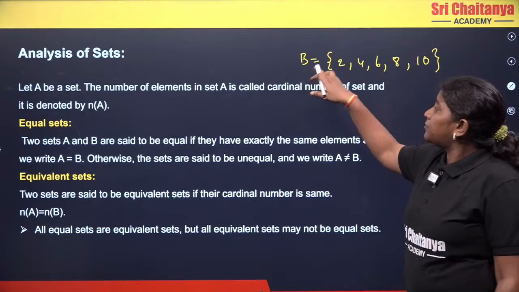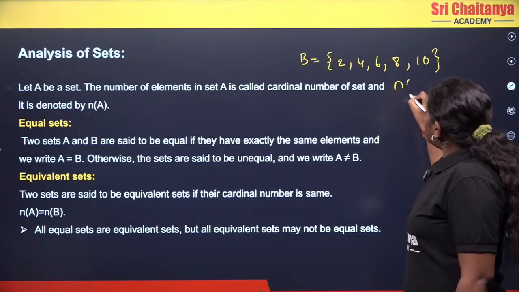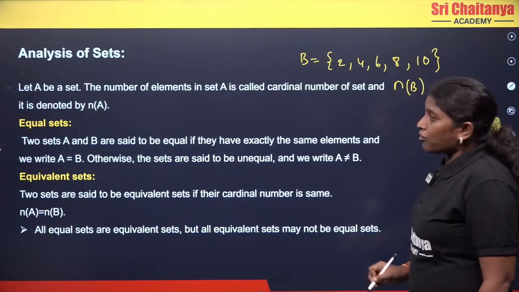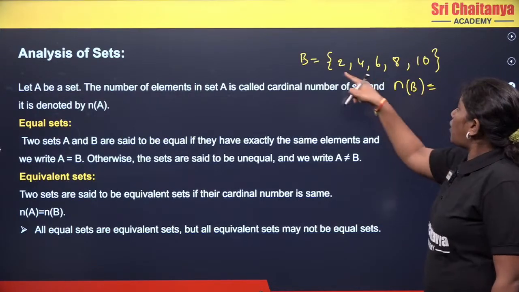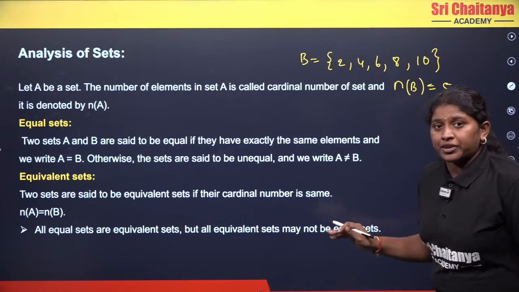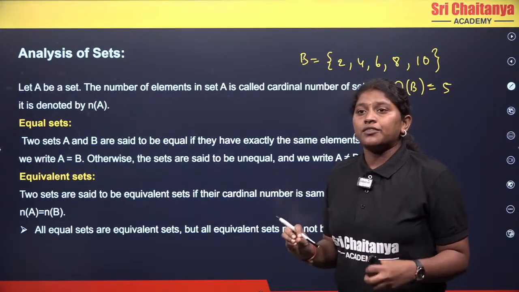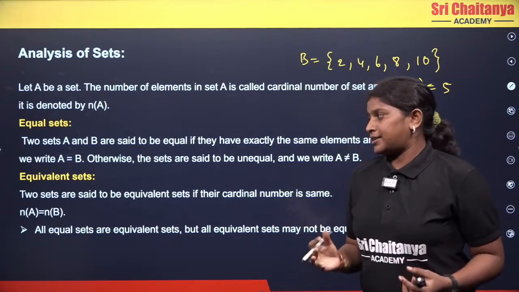Here B is 2, 4, 6, 8 and 10. So now the cardinality will be represented by n of B, which is equals to 5. Okay. So n of A or n of B means nothing but cardinal number, which will give you the number of elements in the set.